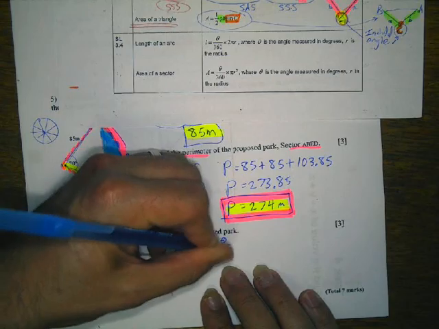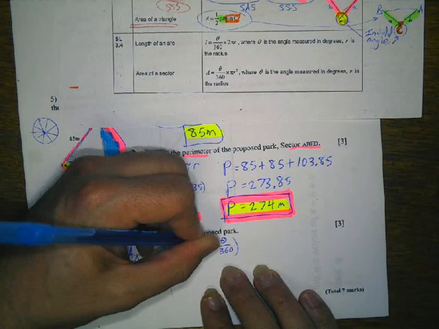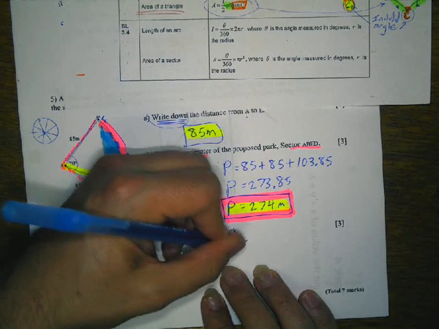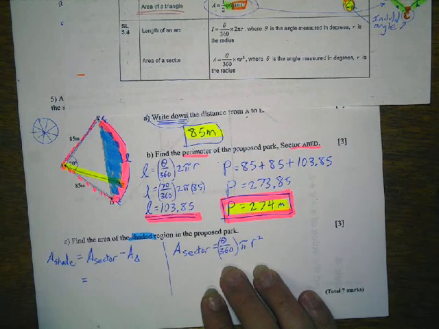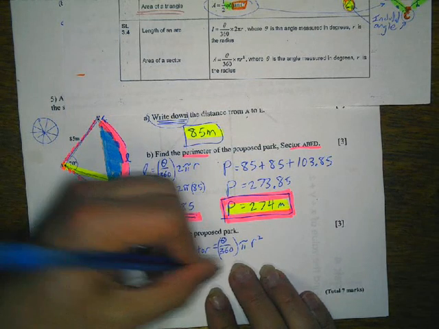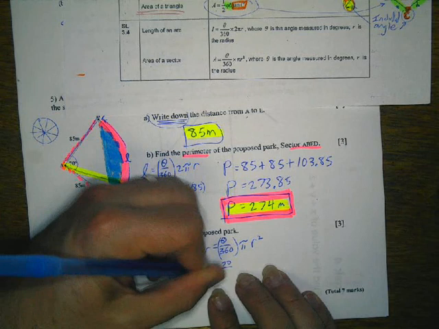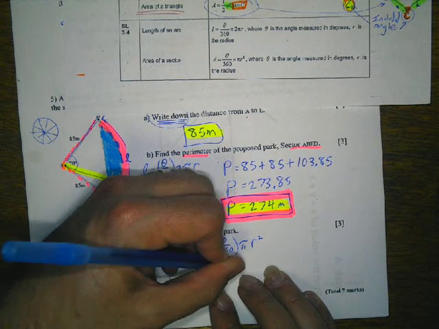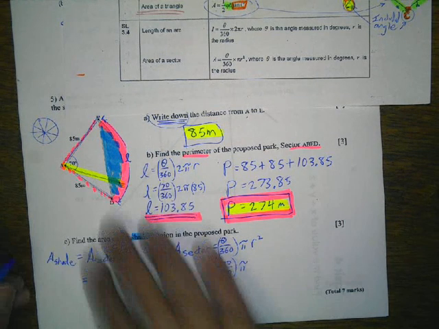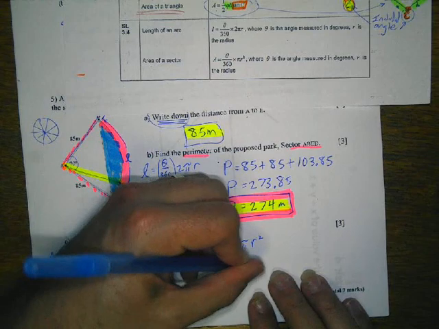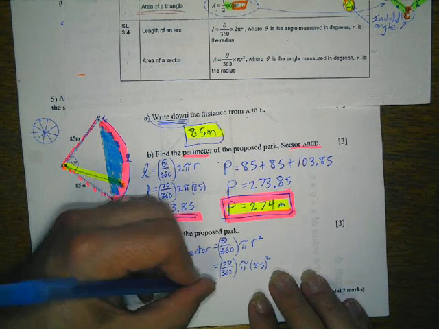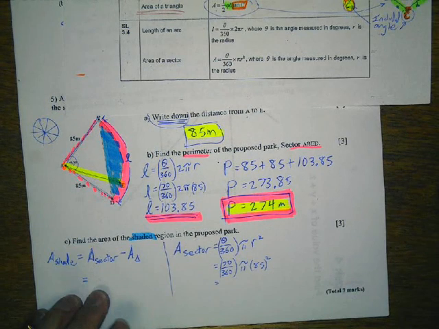So I'm just going to rewrite the formula. Theta over 360 times pi r squared. Okay, so our angle is 70 degrees. Our radius is 85, so 85 squared.